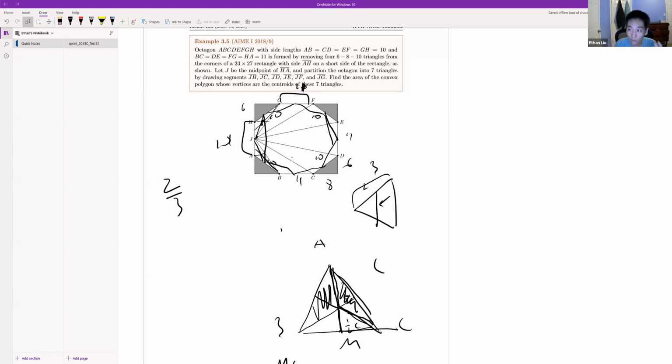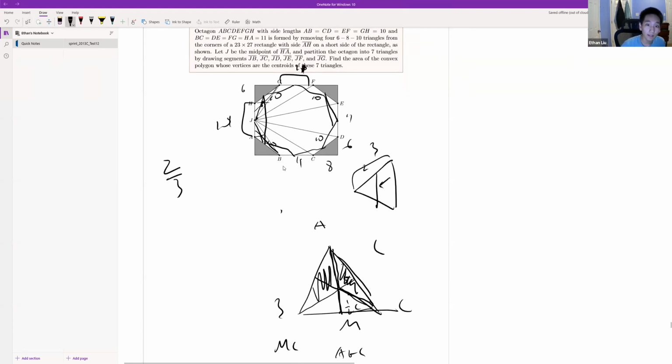When we take a homothety, when we take a dilation, then we are preserving everything. We are sending circumcenters to circumcenters, incenters, midpoints to midpoints, everything goes to itself under a homothety or dilation, right? Then the area of the convex polygon whose vertices are the centroids is just 4/9, right?